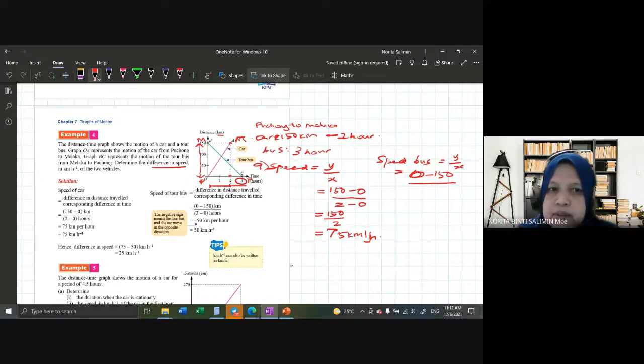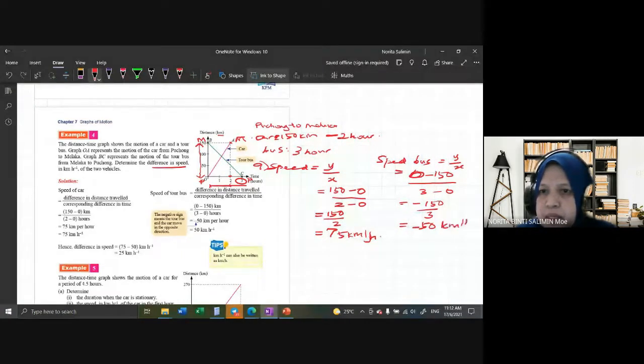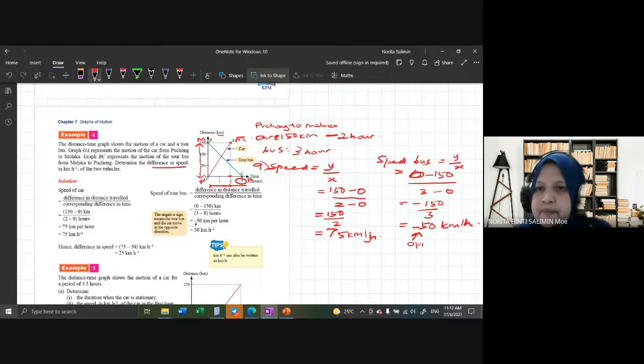So 3 minus 0. So we get negative 150 over 3, which is negative 50 kilometers per hour. Negative means what? Negative shows the opposite direction.